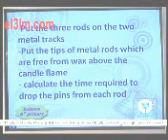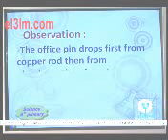But the problem now is to find the rate of conductivity of each one. So we need to use a stopwatch to calculate the time required to drop the pins from each rod. And the observation will be like that.